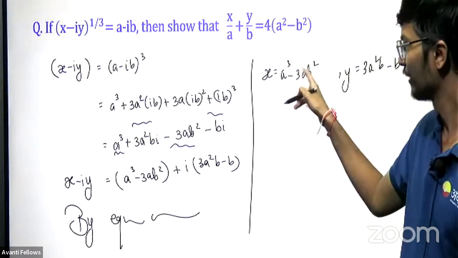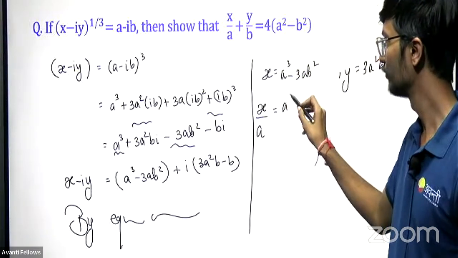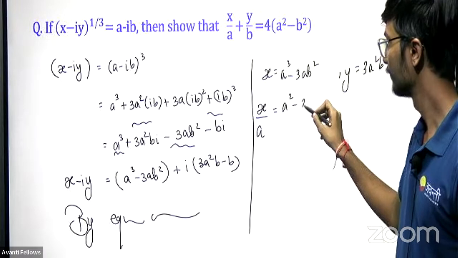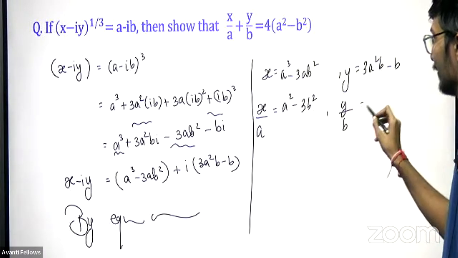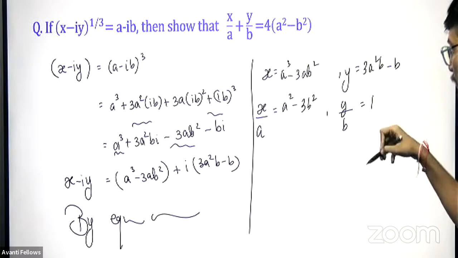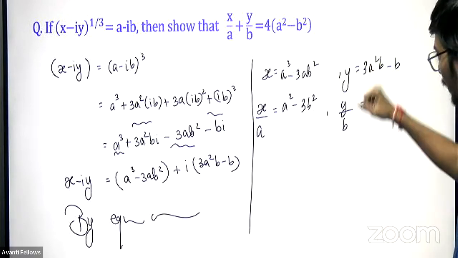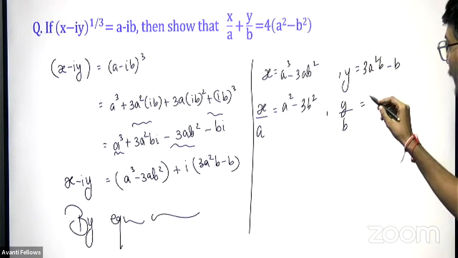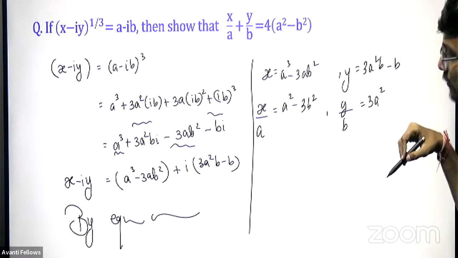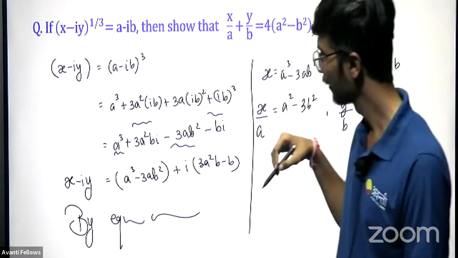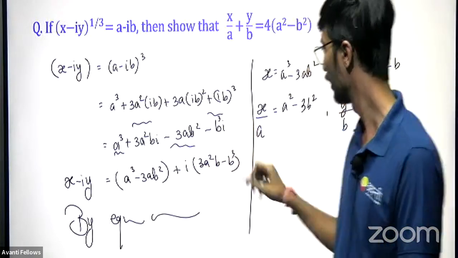So we can take a common and I'll get x by a equals a square minus 3b square. And here I'll get y by b equals 3a square, we made some mistake, I guess. b cube it is. Yeah.